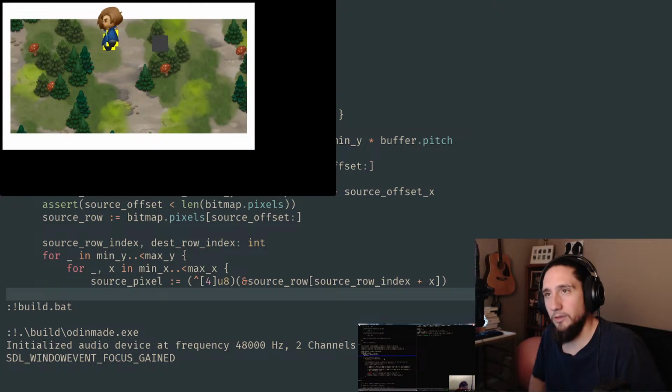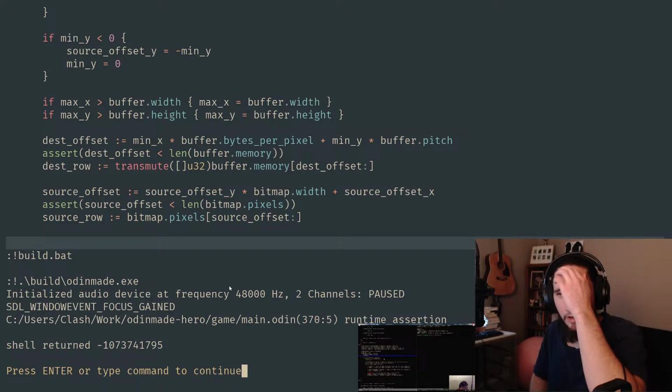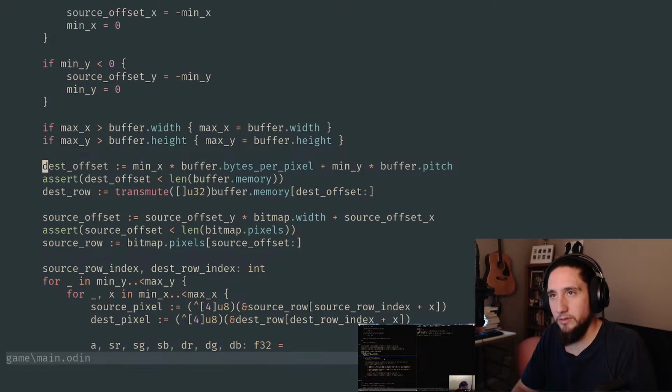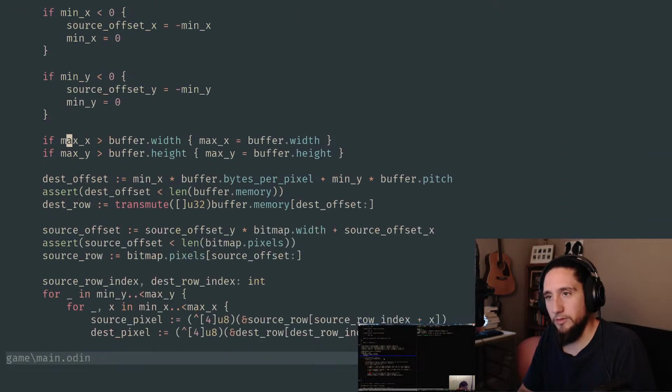This guy can't actually change the view there, but if he goes up here and then goes all the way off, basically this min value is clamped so that we can't go negative, but the min value is not clamped so that it can't go out of bounds.